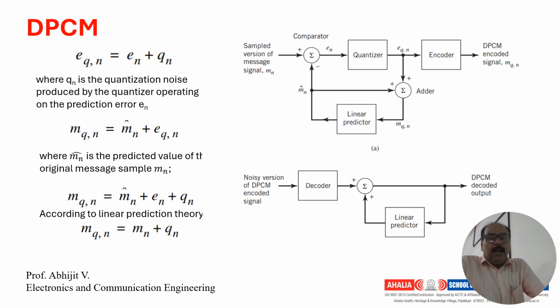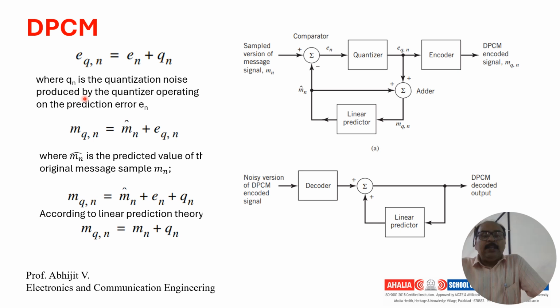You have the sampled version of the message signal, m[n], and you're comparing it with another signal. You have this going to a quantizer, and you have the encoder after this. This signal is taken here, adder, linear predictor, and then this is compared with the sampled version, and only the difference needs to be considered. So this is what we get as the DPCM encoded signal.